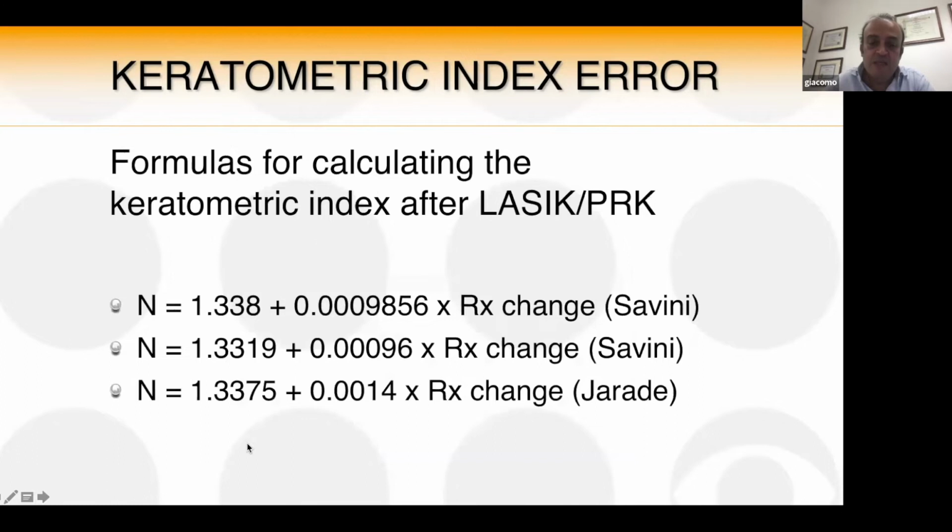And this change of the keratometric index was published by me. And okay, the second slide, sorry, I made a mistake, was Dr. Camellin, who is another Italian surgeon, and then Dr. Haigis. These are very similar equations to recalculate the corneal power with the new keratometric index.